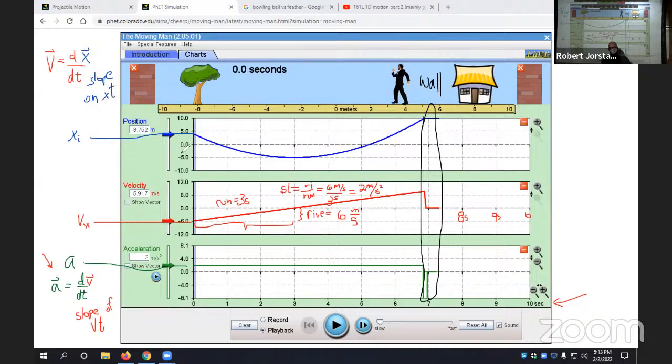Okay. So notice this one's a little bit trickier. So maybe let's pick a particular spot, right? If I pick this spot right here, how would I get the slope right there? Well, I could pick 2 points that are close to it. I could get this point and I could pick this point. And I could estimate the times, I could estimate the verticals, and I could estimate rise over run.